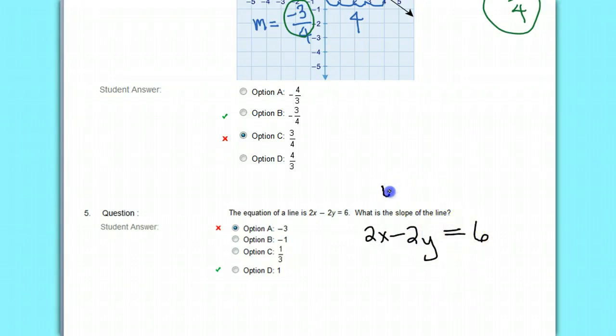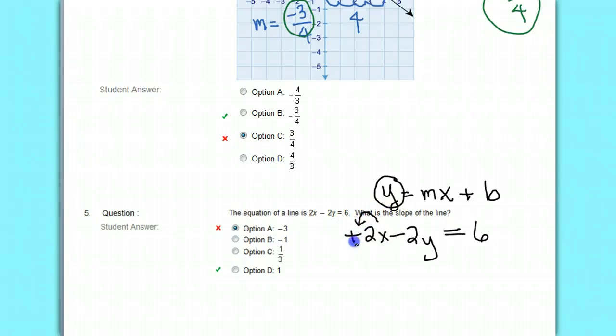So to get it into y equals mx plus b form, really what you want to do is just solve for y. Get y by itself. So the first thing that you want to do here is get rid of this entire term. To figure out how to move that, you always look at the sign to the left of that term.